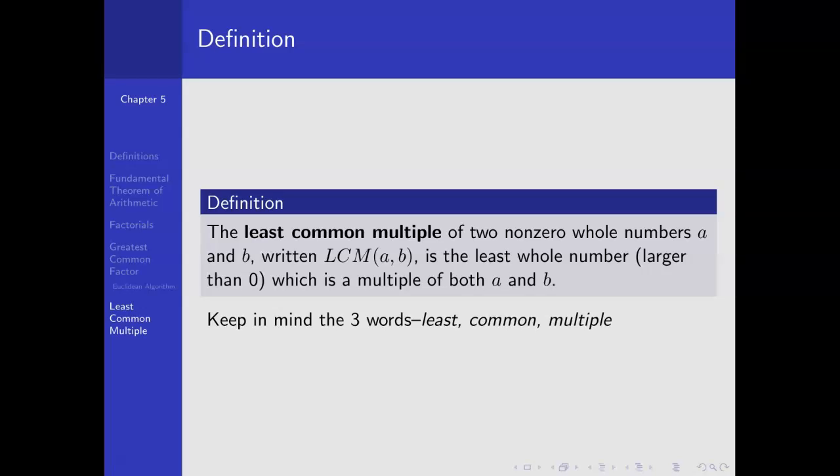What we're looking for here is a multiple of a and a multiple of b. We want a common multiple, and we want the smallest, the least common multiple. So this is another term, least common multiple, which sort of blends together and sounds like one thing, but remember it's got those three individual words which have meaning for what we're looking for.